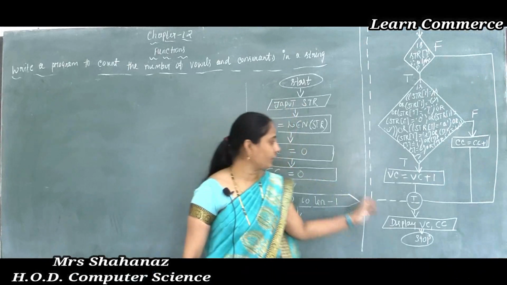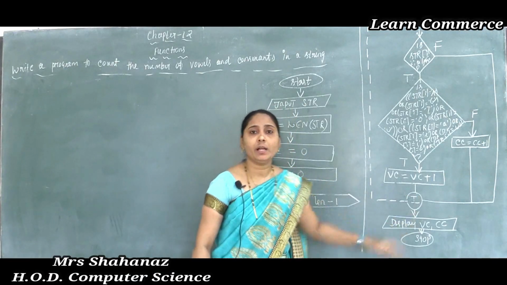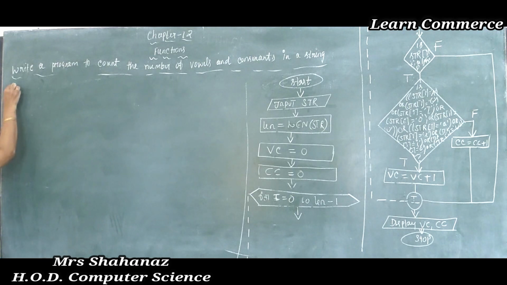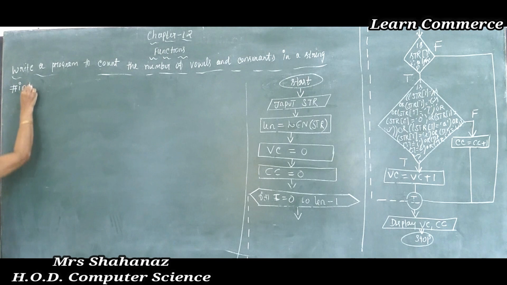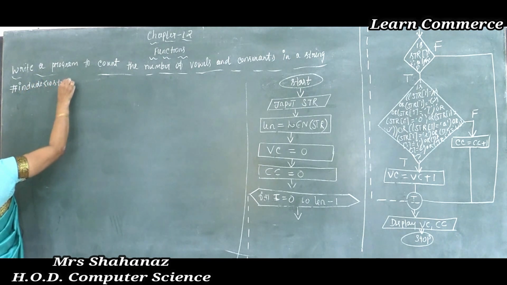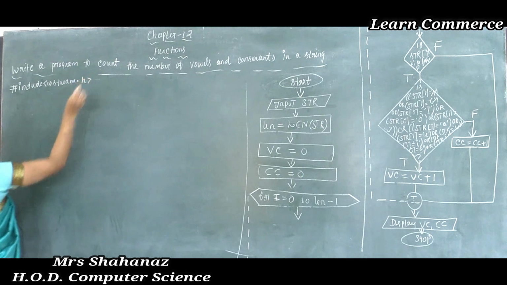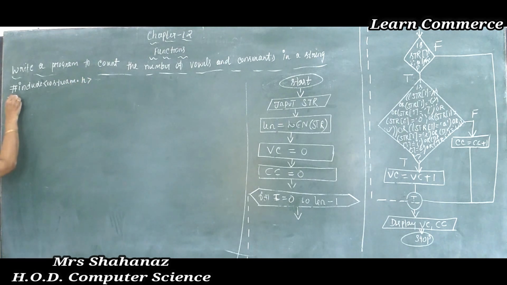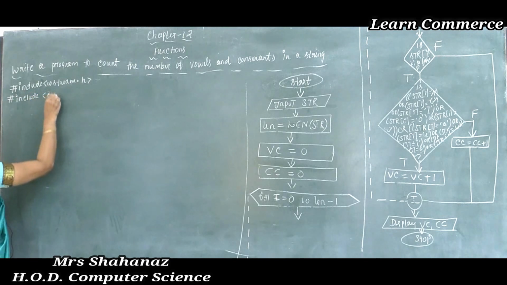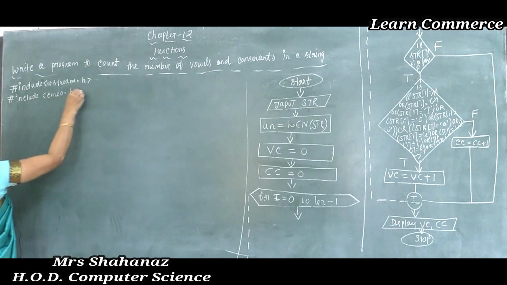Now, after completing the flowchart, let's complete the program. First of all the program starts by using a header file, hash include iostream.h. The second header file, hash include conio.h.